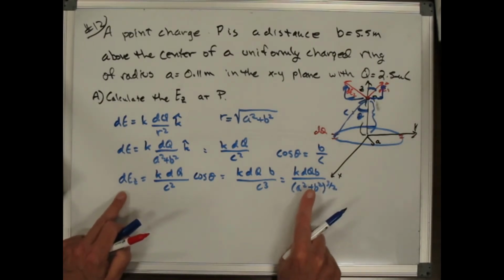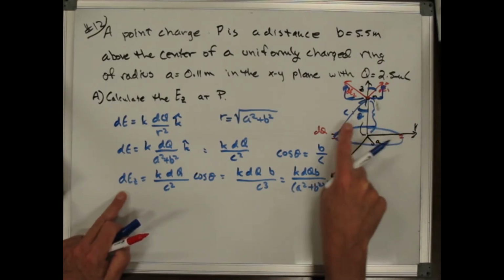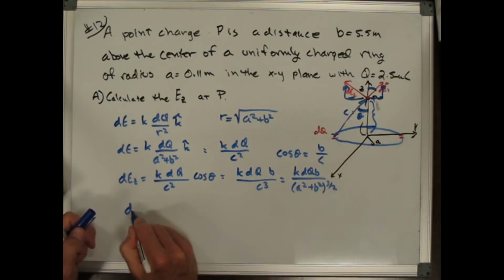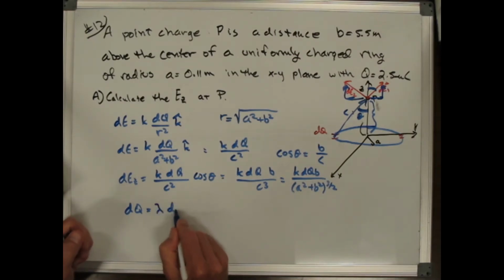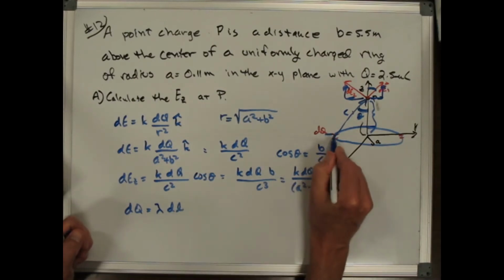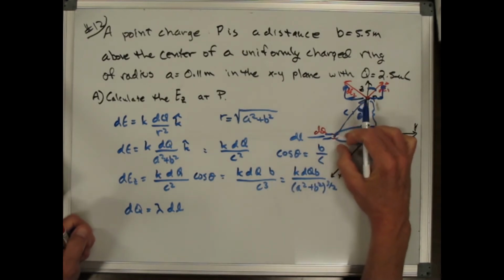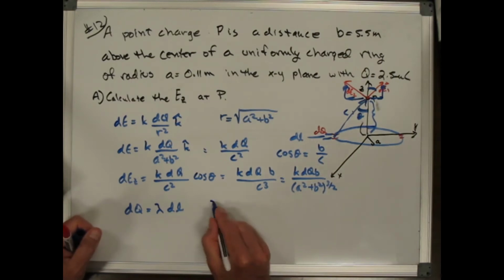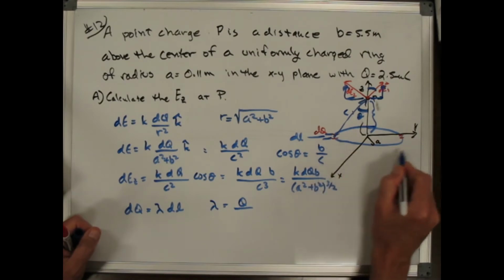And so now somehow we have to integrate this around the circle, right? I can say dq is equal to the charge per unit length, lambda, times dl, where dl is the length of the little section of the circle that I've taken my dq out of. And lambda is equal to q over the circumference of the circle.